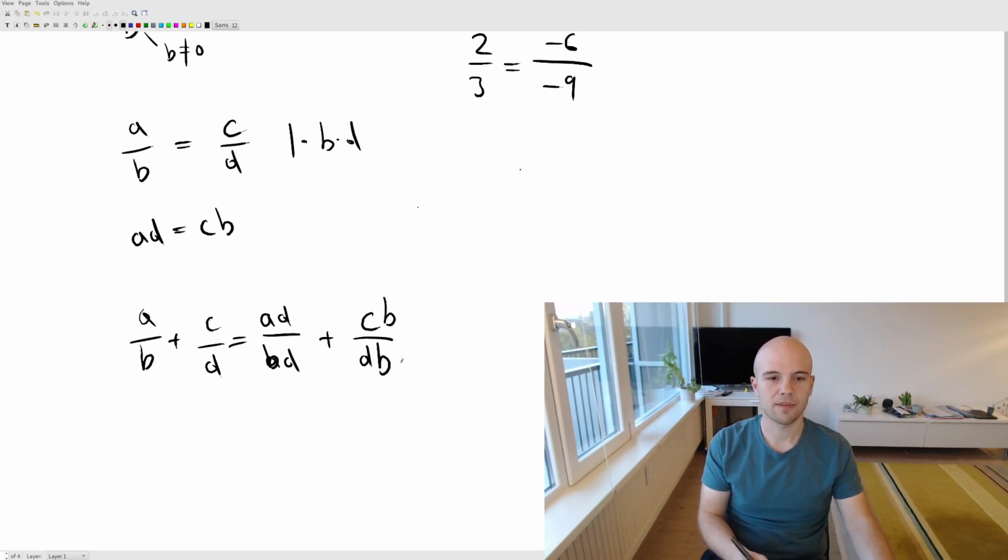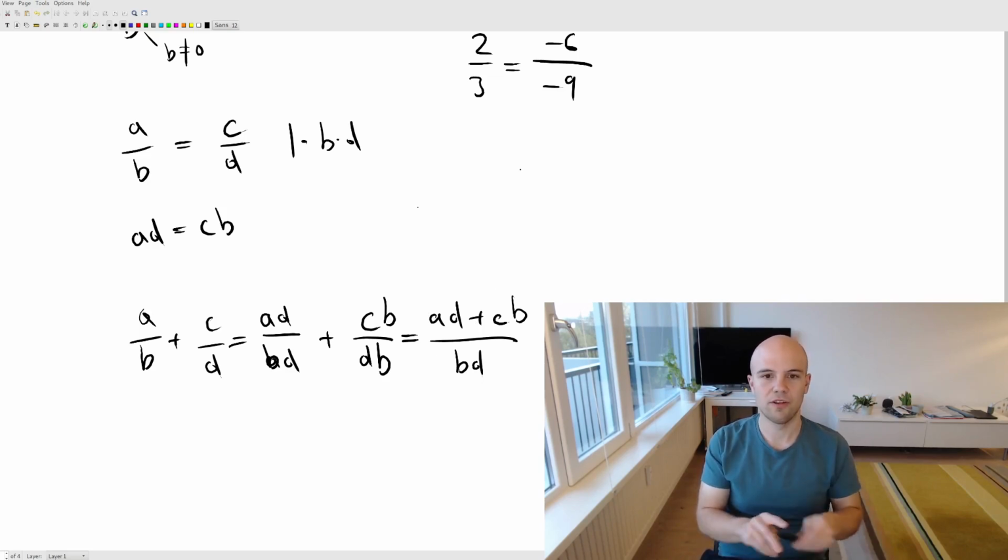Okay, and now we can add them over bd. Good. Now this is the definition that we're going to use for the addition.